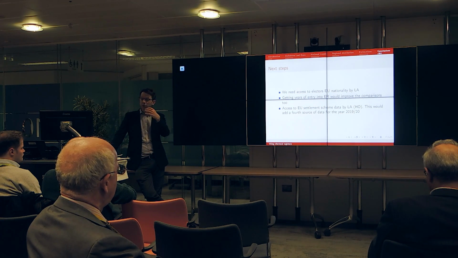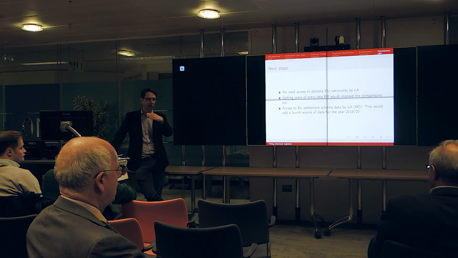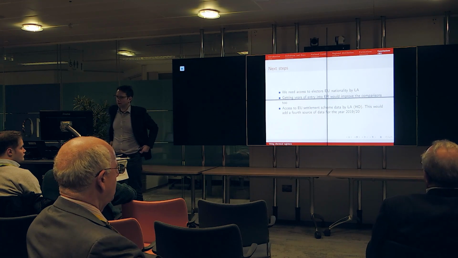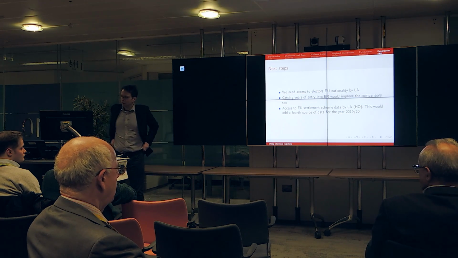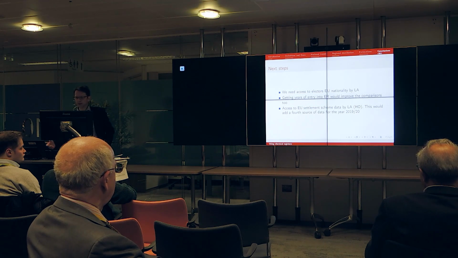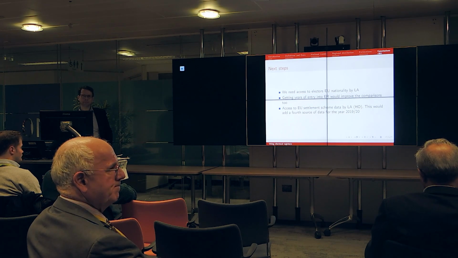Now, if we could get this data segregated at the local authority level and by nationality, that would add extra data for 2011 and 2020. I don't think that's so disclosive either, but at the Home Office, I imagine, not very likely.